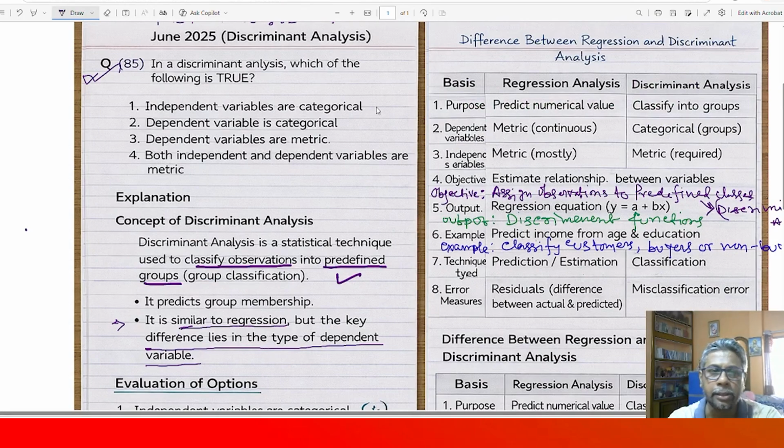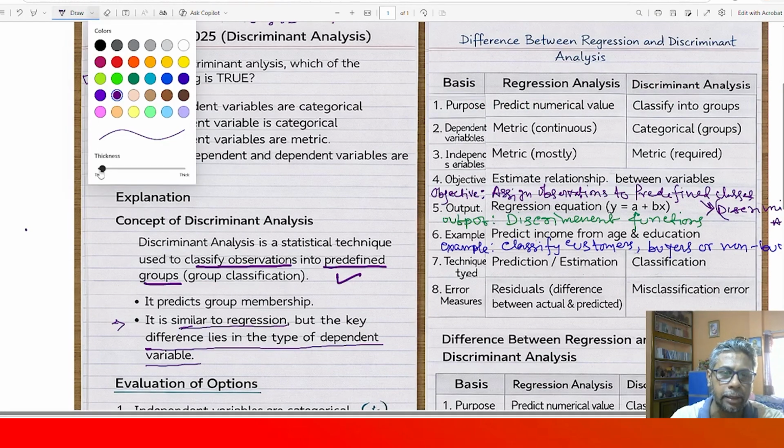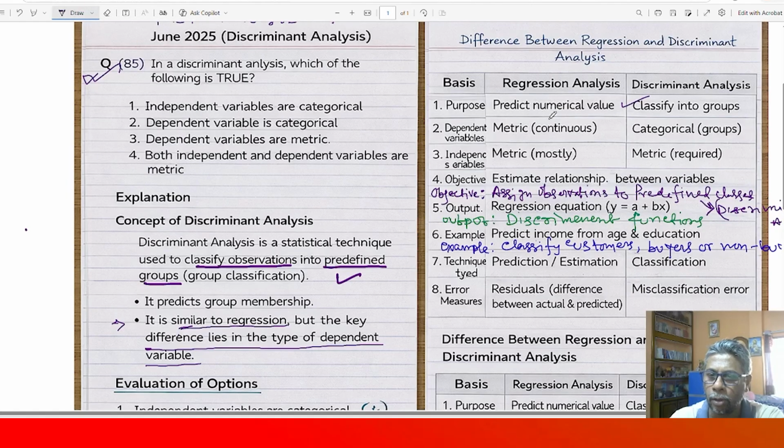So what is regression analysis? In terms of purpose, regression analysis predicts a numerical value, while the main purpose of discriminant analysis is to classify into groups. In regression analysis, the dependent variable is metric, meaning continuous, and in discriminant analysis the dependent variable is categorical or group.